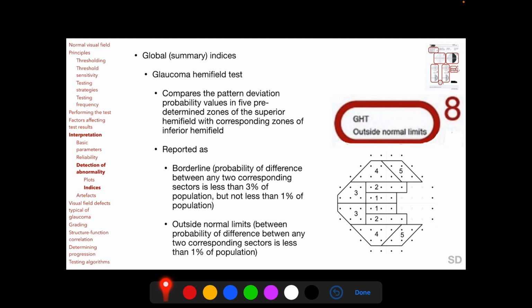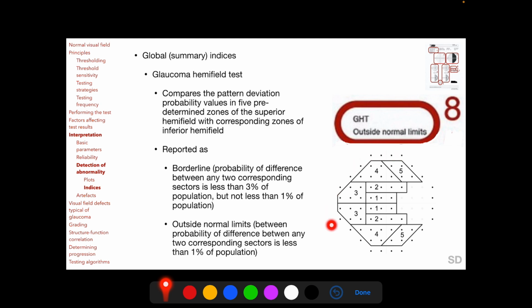After the plots, we have the global indices or the summary indices located here in this sector of the test report. Among the global indices, we have the glaucoma hemifield test, the visual field index, mean deviation, and pattern standard deviation. The glaucoma hemifield test compares the pattern deviation probability values in 5 predetermined zones of the superior hemifield with corresponding 5 zones of the inferior hemifield.